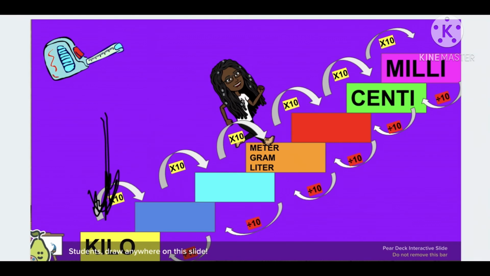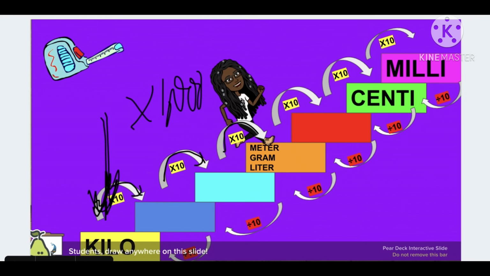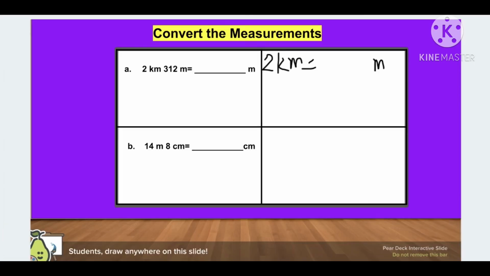And I want to get to where Miss Turner's standing. So how many steps would I have to walk up? Yeah, 3 steps, and I'm multiplying by 10 each time. So we know that I'm multiplying by what to get from kilometers to meters? Yeah, I'm multiplying by 1,000.